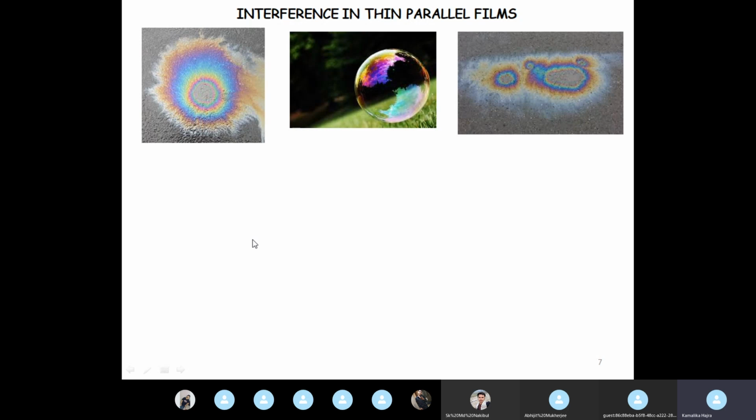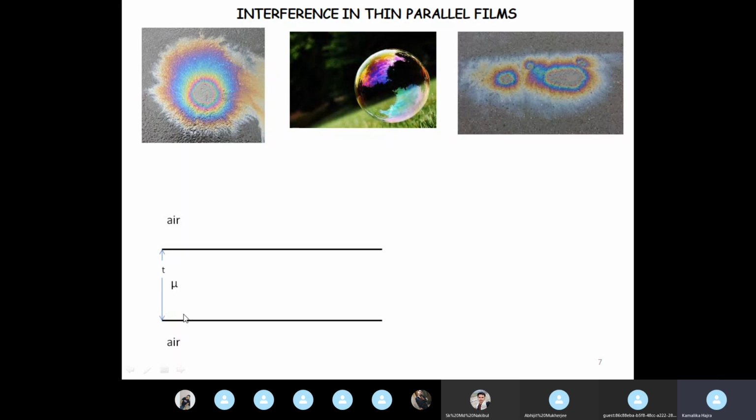So what is a thin parallel film? This is a thin parallel film. এই যে পিকচারটা simple. We have air, we have a medium of refractive index mu, and then we have air or some other medium also.